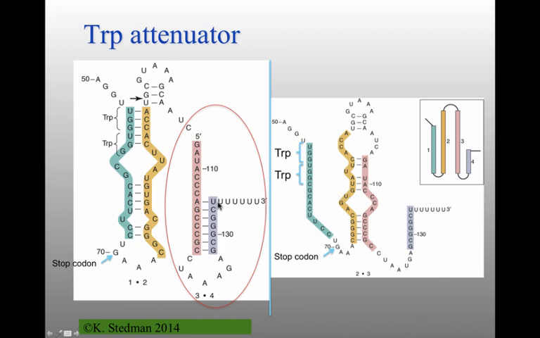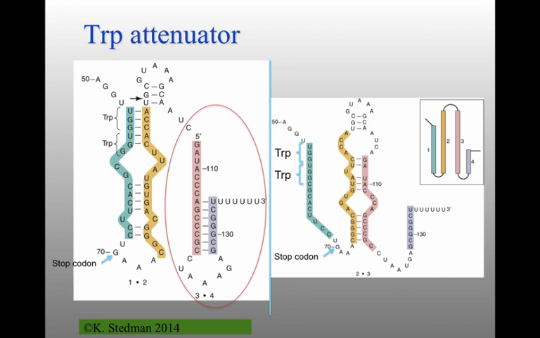So if this structure is formed by the messenger RNA, then you're going to terminate your transcription before you make all of these downstream genes that are important for tryptophan biosynthesis. Now, how do you get this secondary structure?